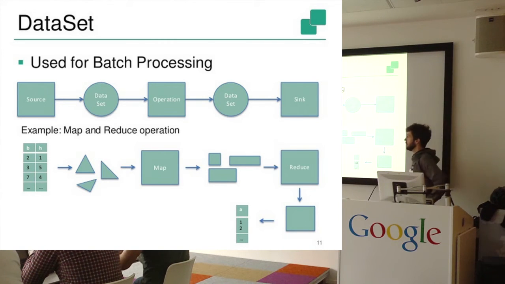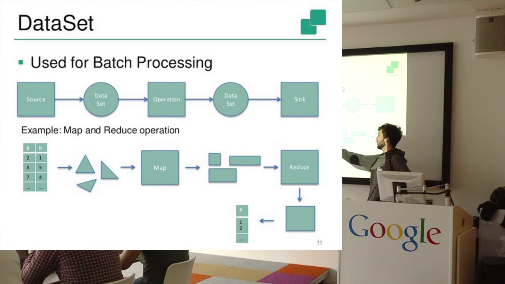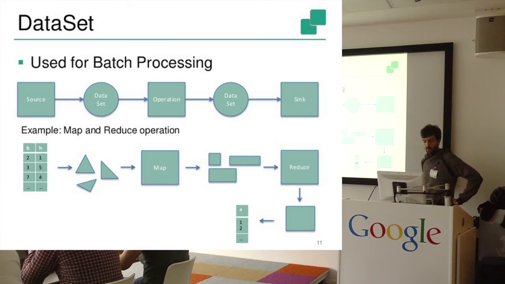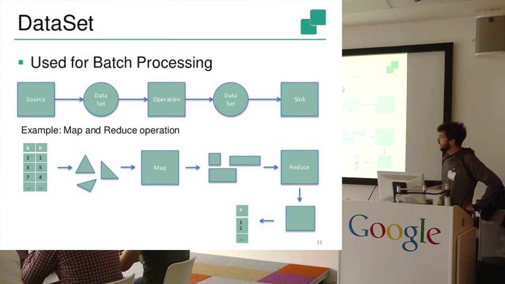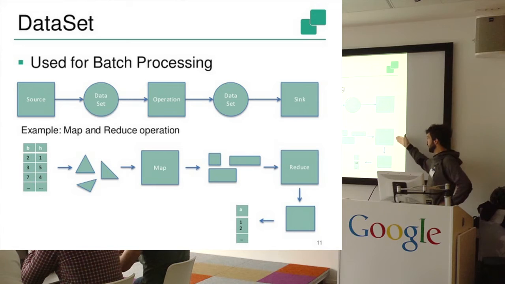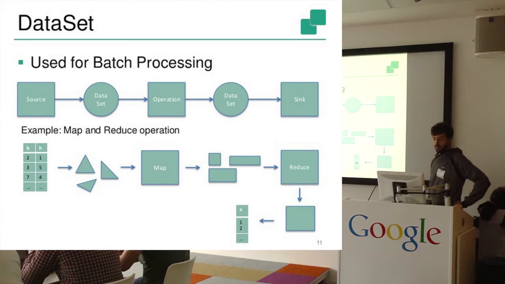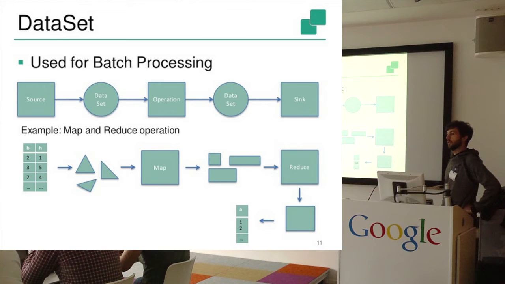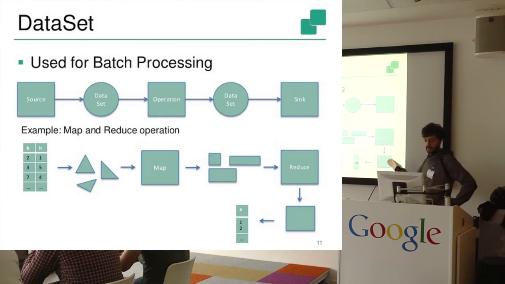We then could apply a map to transform each of the triangles into rectangles. Afterwards, we could apply a reduce function, which would, for example, sum up all the areas of the rectangles and finally store the area of the rectangles again in a file.